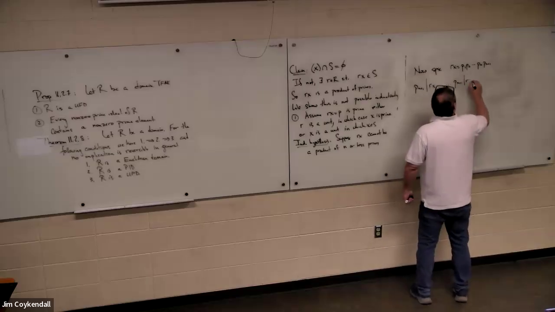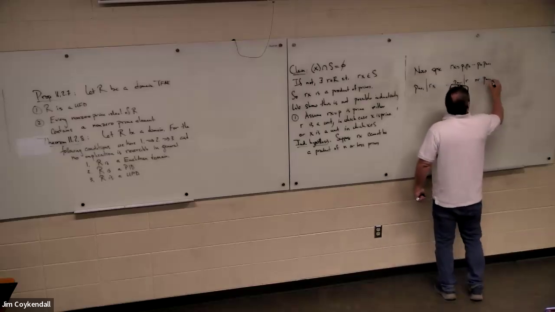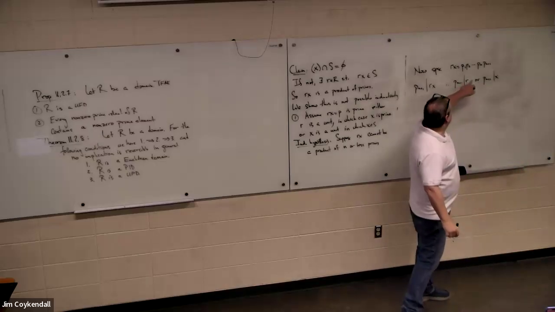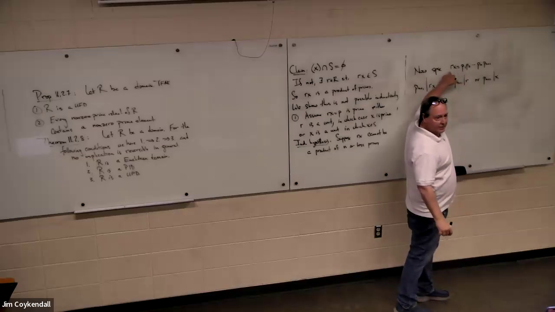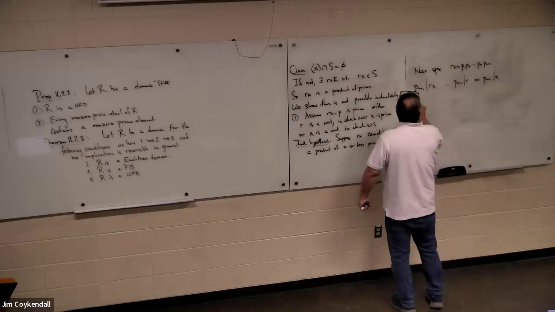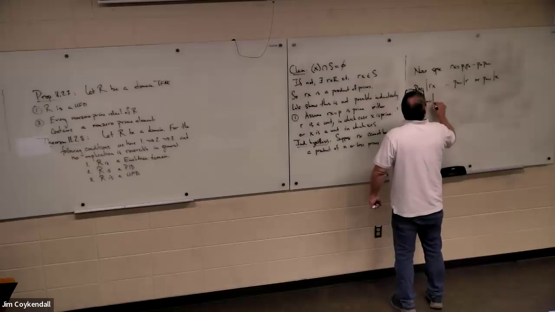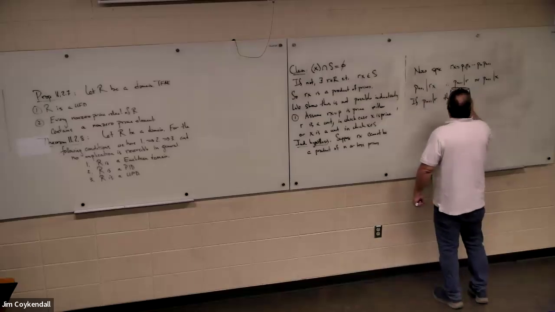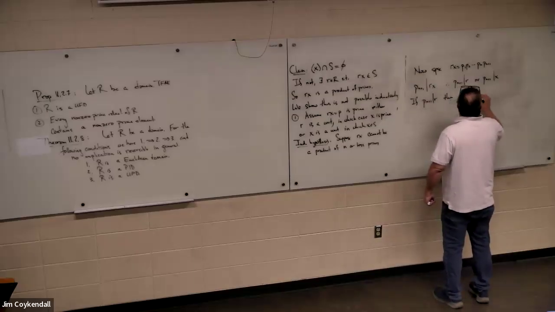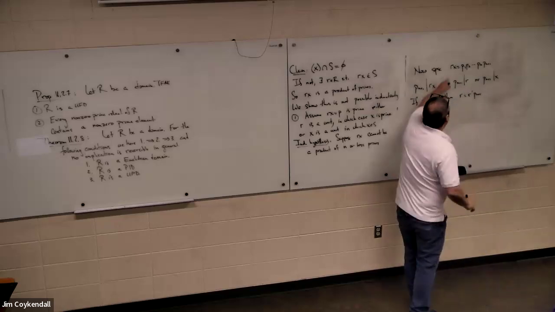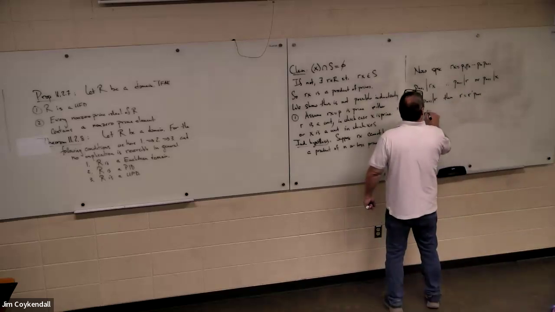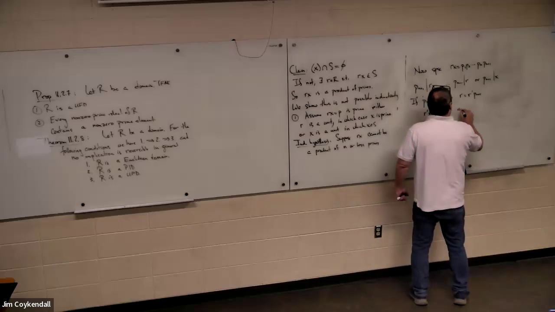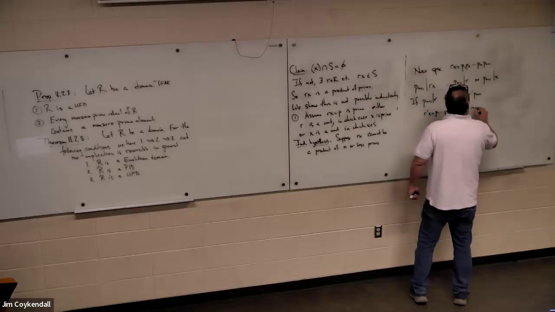So P_{n+1} divides R, or P_{n+1} divides X. Right? Because it's a prime, it divides this, so it has to divide one of these two. If P_{n+1} divides R, then R is R' times P_{n+1}. And we can cancel. If R'X is P1 through Pn, and we apply that.